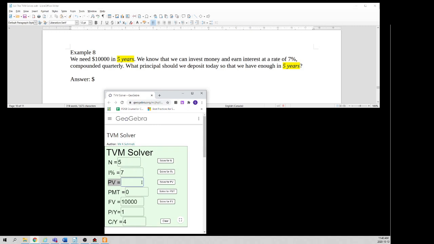Should we be expecting a larger number or a smaller number? The number is much larger. And that's because we have less time to allow it to grow from interest. So it makes sense that this number is larger than the previous example.